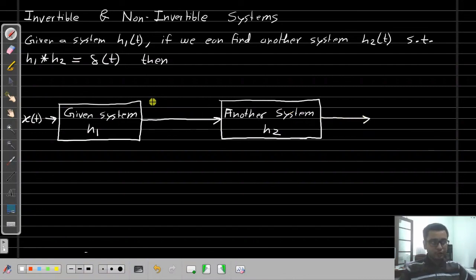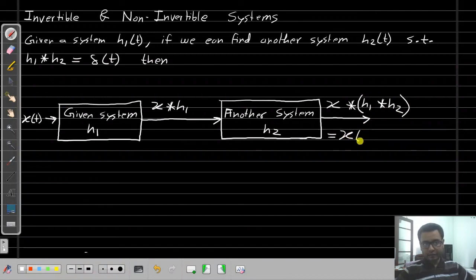So here we will have x star h1, and here we will have x star h1 star h2. Now h1 star h2 is the same as delta, so we will have x(t) star delta(t), and x star delta is the same as x.